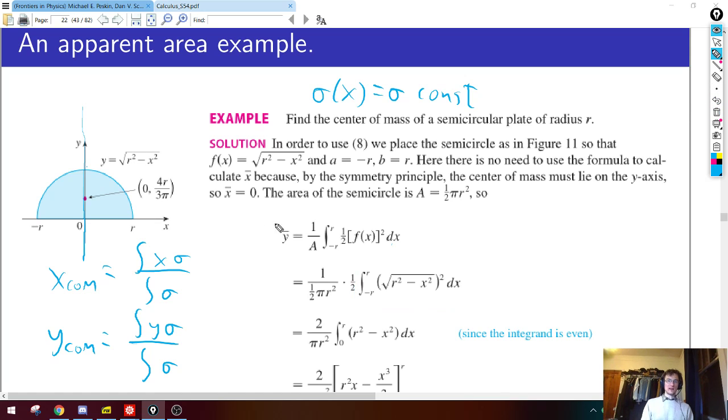Okay. Well, let's see. So if we integrate over x's, at each x, we're trying to find, I guess, the y. Oh, I see what it is. Okay. So at each of these x's, we want the y times the length of it. I see. Okay, I'm confused.